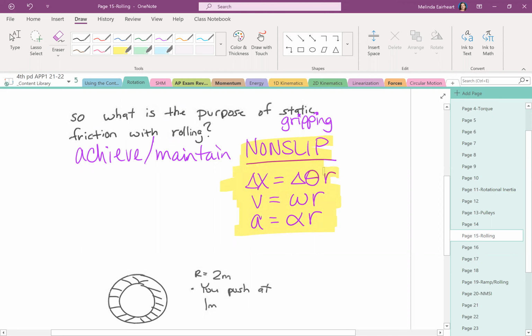This is the goal. Friction, if it had a mind of its own and had a goal of its own, it wants this to happen. However, sometimes our wheels rotate and they don't go anywhere.